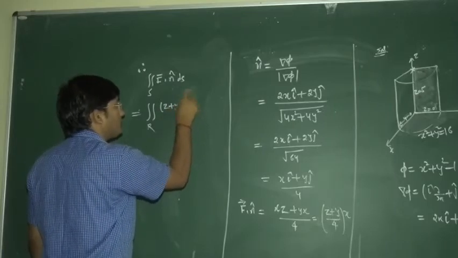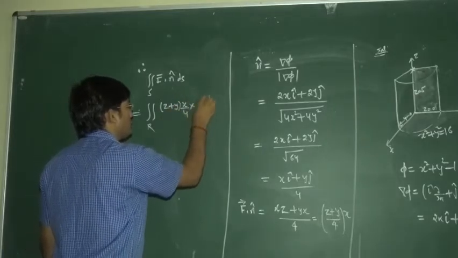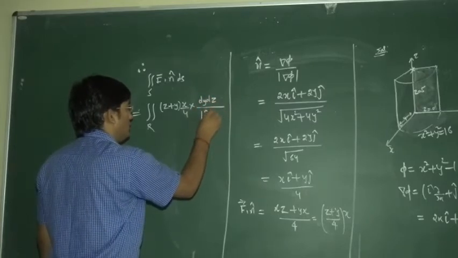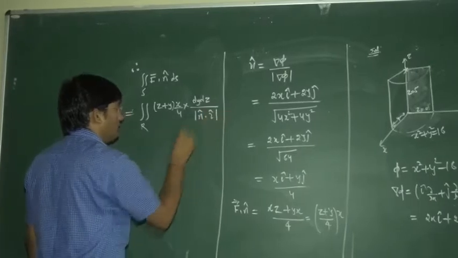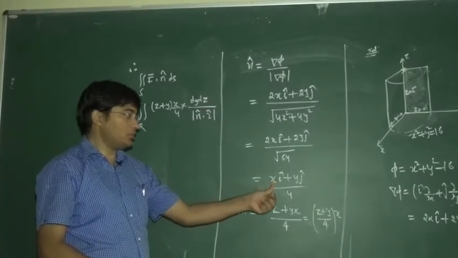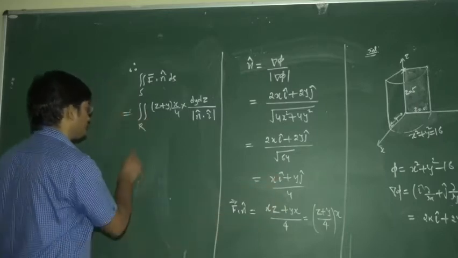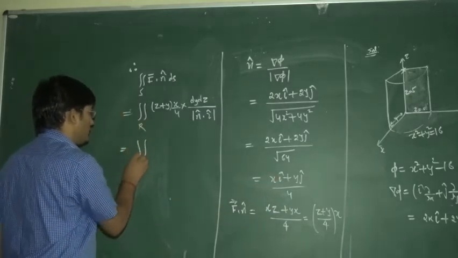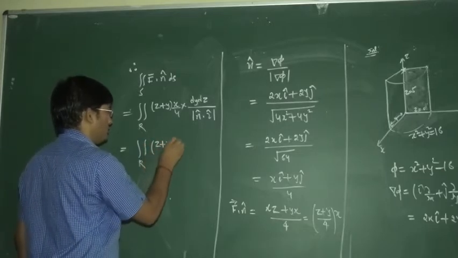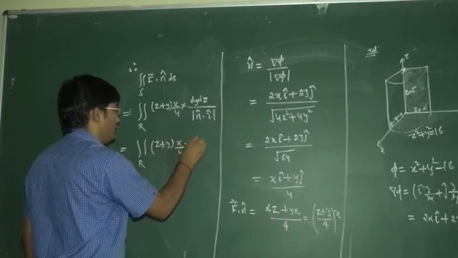Your dS will be, if you take the projection in the yz plane, dy dz upon n dot i. Now your n dot i, this is your n. If you want to take n dot i, then this will be x upon 4. So this double integral of (z plus y) into x upon 4, then we have dy dz.